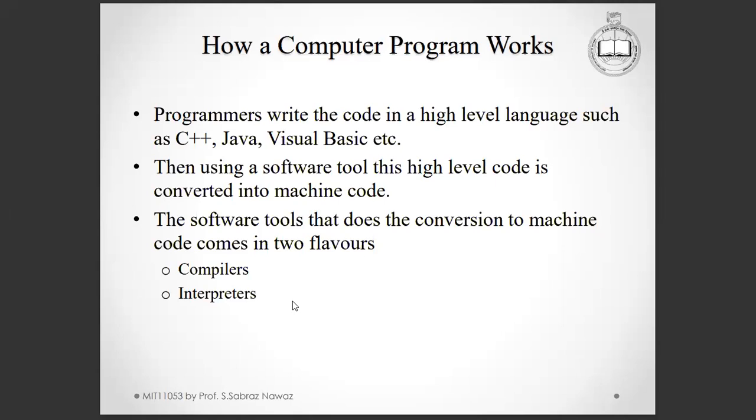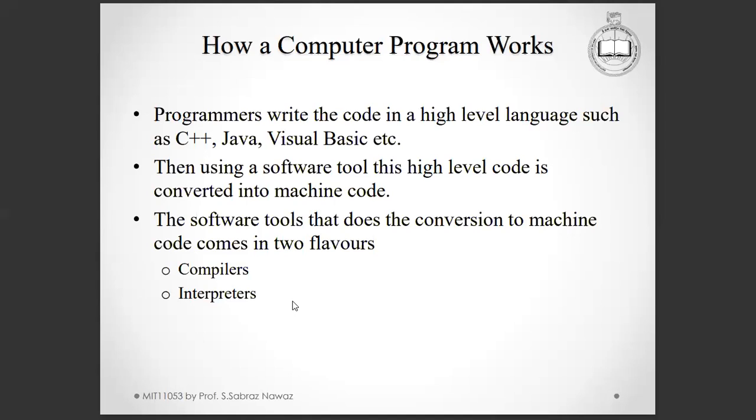Then the software tool that does the conversion to machine code comes in two flavors. You have to know that. Here there is one point: whatever the programmers are writing using the high level language should be converted into a machine code so that the program is executed.